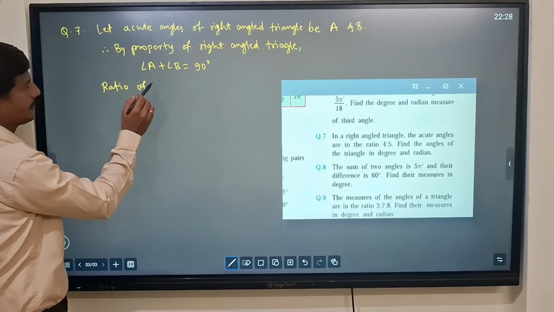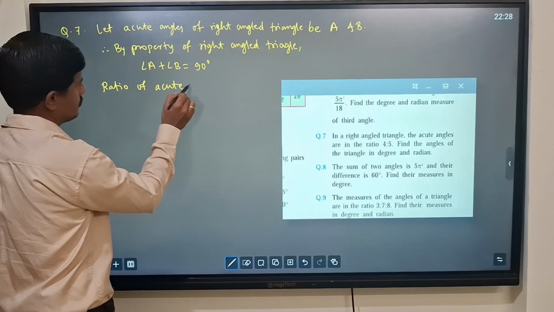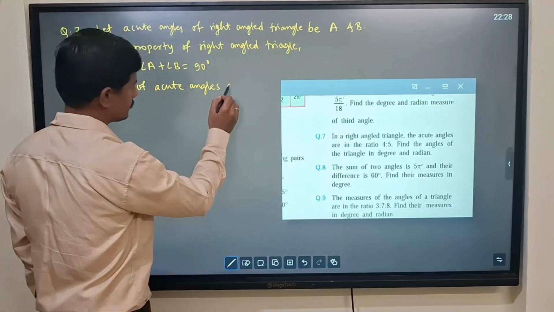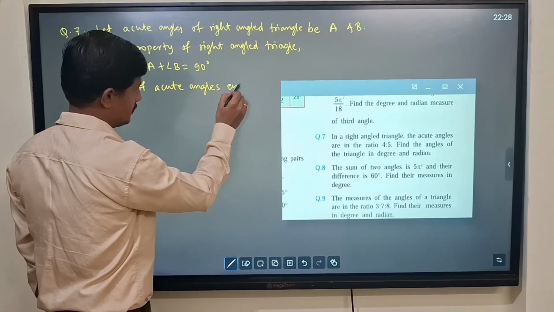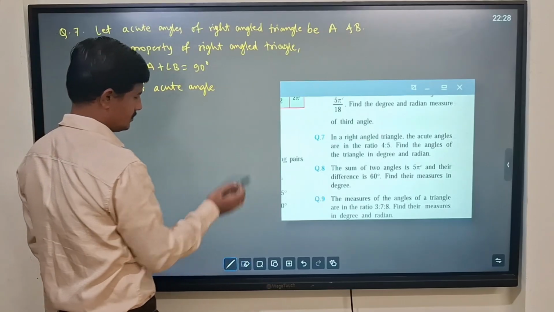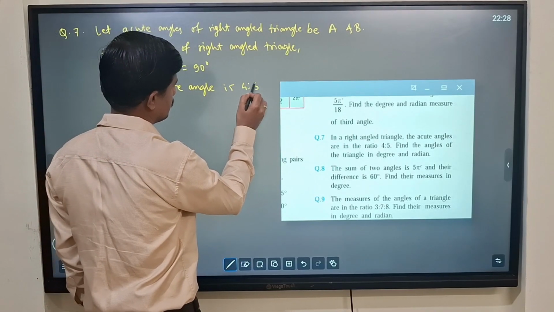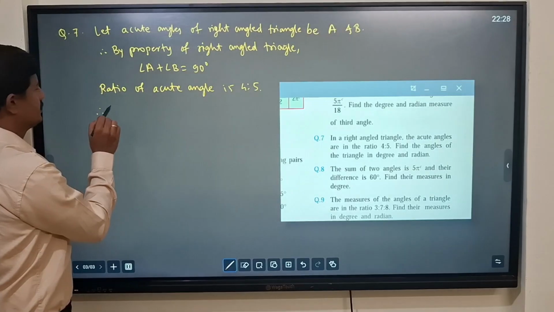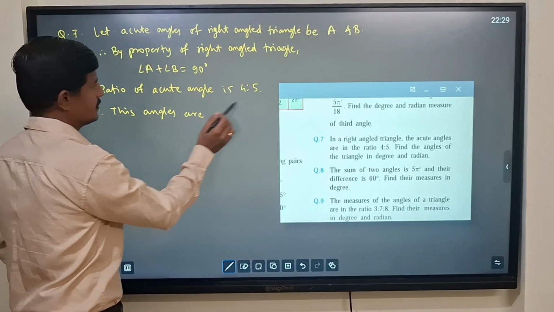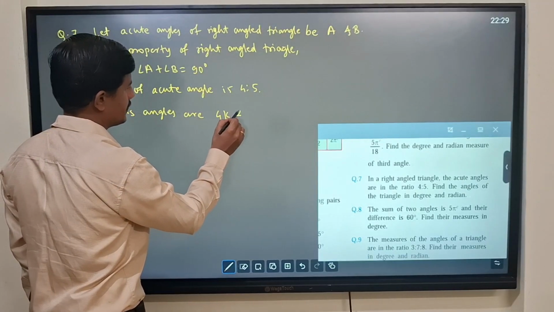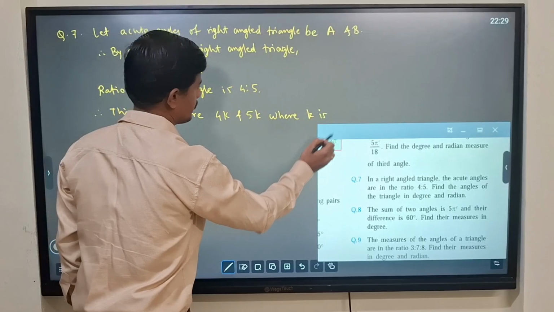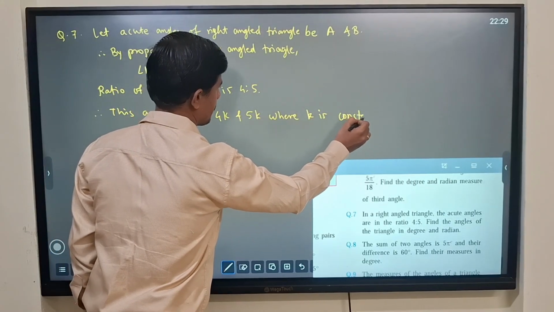The ratio of the acute angles is 4 to 5. Therefore, these angles are 4K and 5K, where K is a constant.